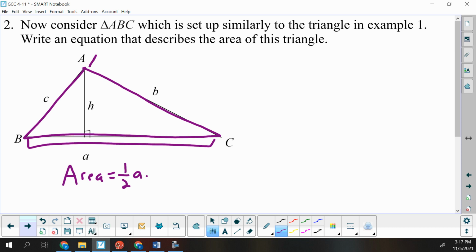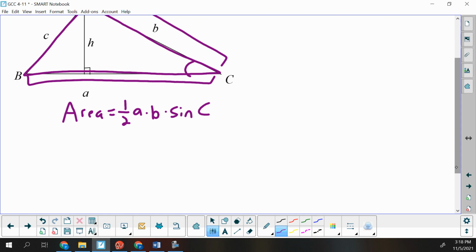Then we'll take another side. That one's called little b, times sine of the angle that's in between them. Well, the angle that's in between them is just capital C. So we have area is equal to 1/2 ab sine of capital C. And maybe we should just specify in here that it's area of a triangle.